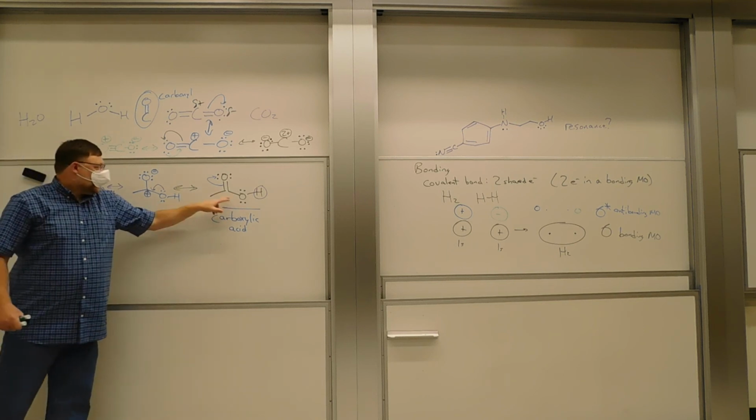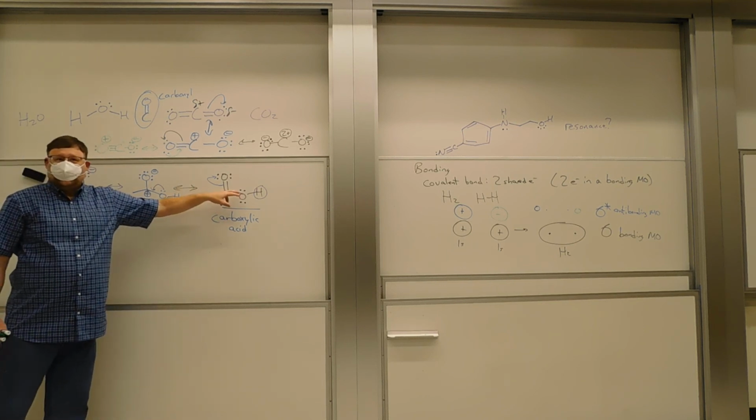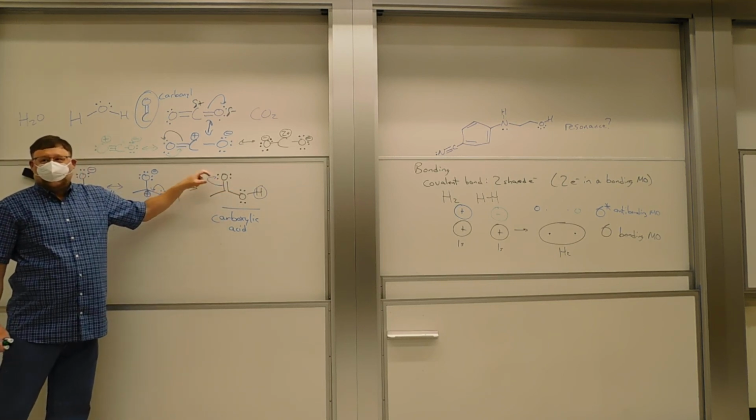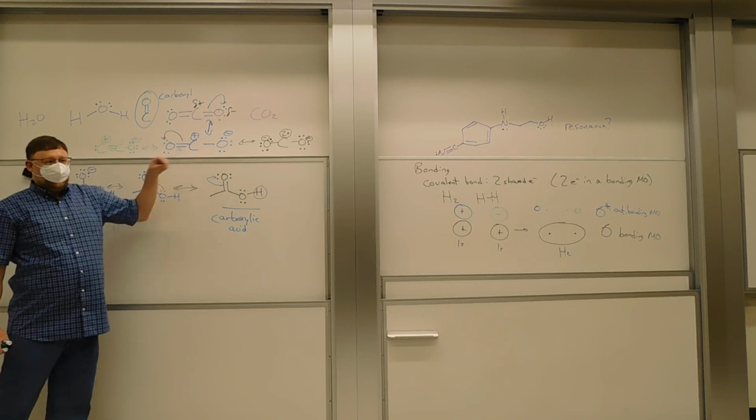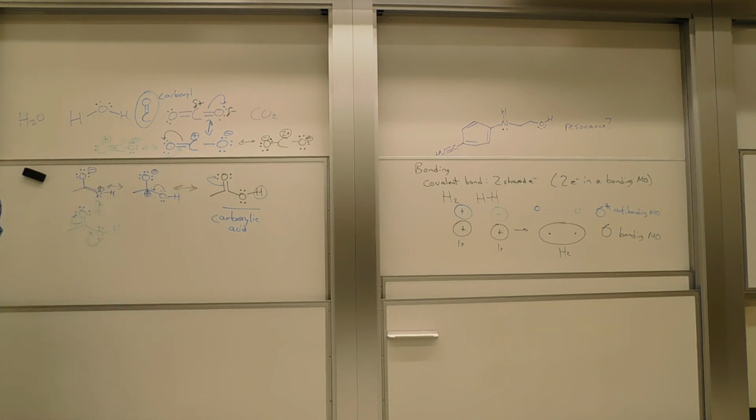Or I could have a lone pair next to a pi bond. Then I can move the lone pair to make a new pi bond, break the old pi bond, and move it. So you generally want to look for pi bonds, charges, and lone pairs being close together so that you can move electrons. Because that's all you're doing in resonance structures, you're moving electrons.